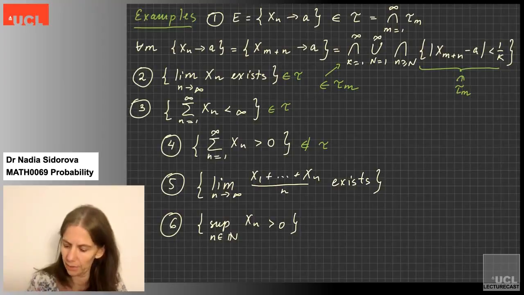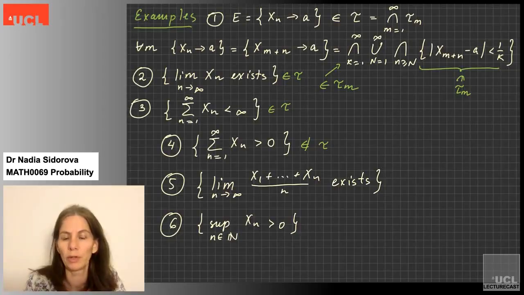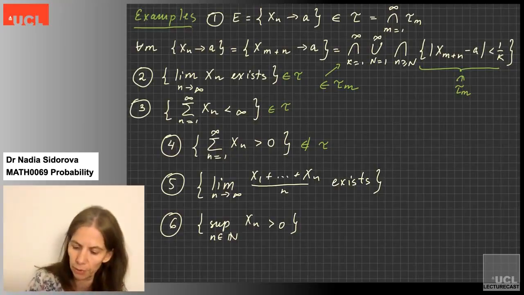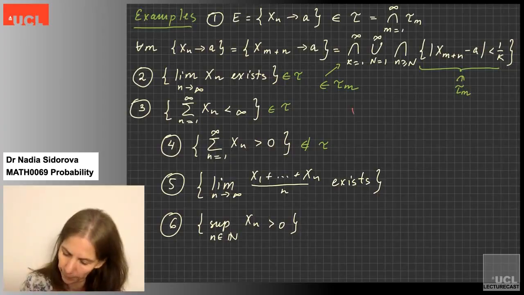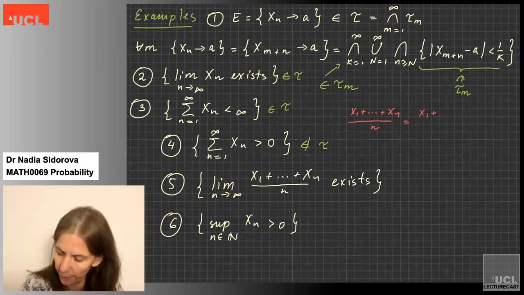Because clearly we have all random variables from 1 to n in the description of our event. So this feels like they are important, and it feels like it can't be a tail event. But if you think carefully about it, you will notice that (x1 + ... + xn)/n for every m can be written as the sum of the first m terms divided by n plus the sum of all remaining terms from m plus 1 to n divided by n.